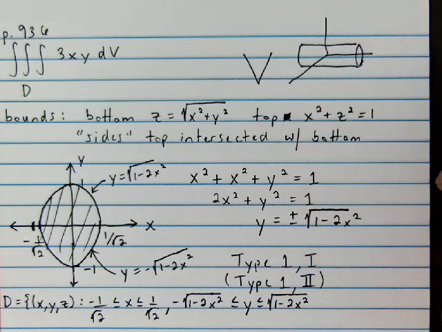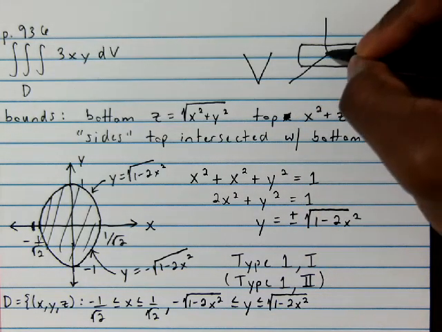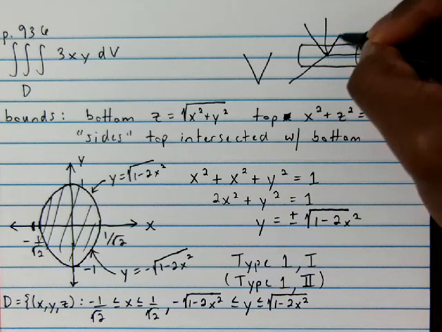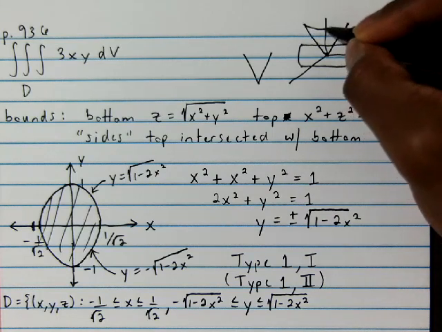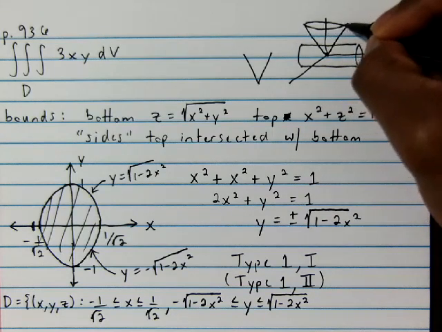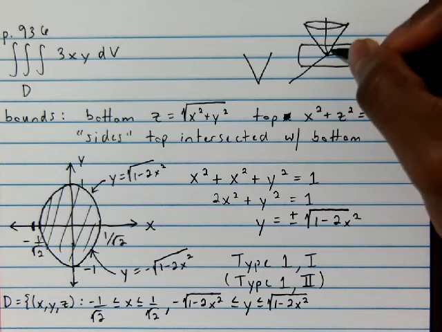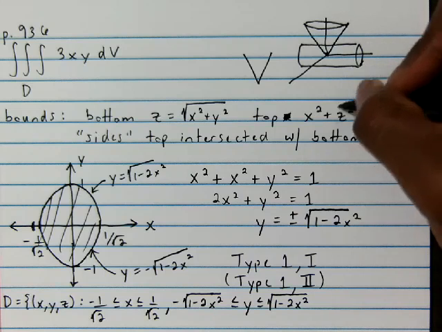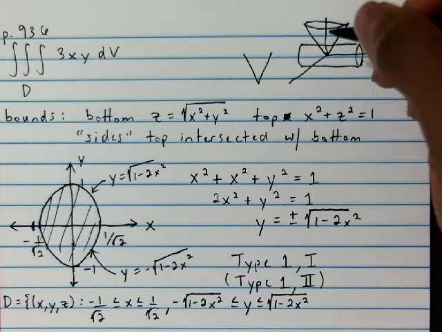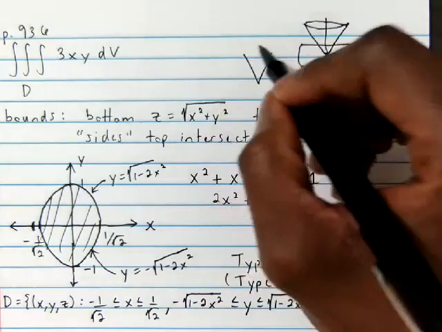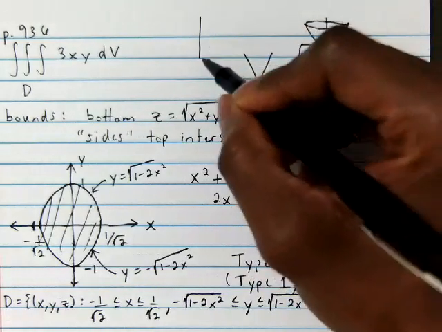That's what that cylinder will look like, and the cone is like this. So we know that we're above the cone and below the cylinder, which says that we're going to take the positive z from here.